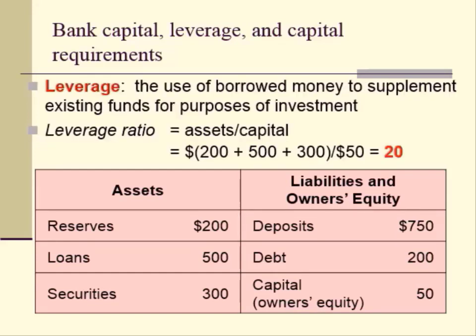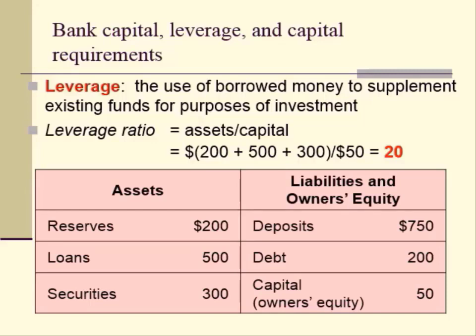So a bank uses a strategy of leverage to augment or supplement its capital for the purpose of investment. That is, it borrows money through deposits and debts to increase the resources available for investment. And the leverage ratio is equal to assets over capital.